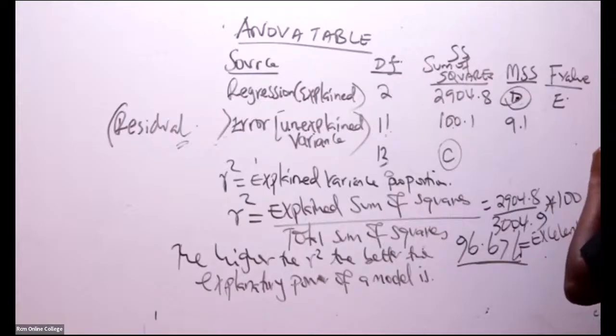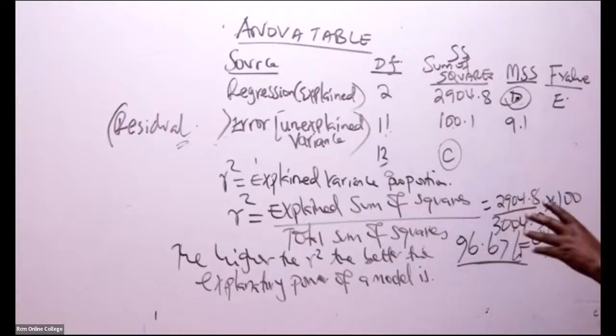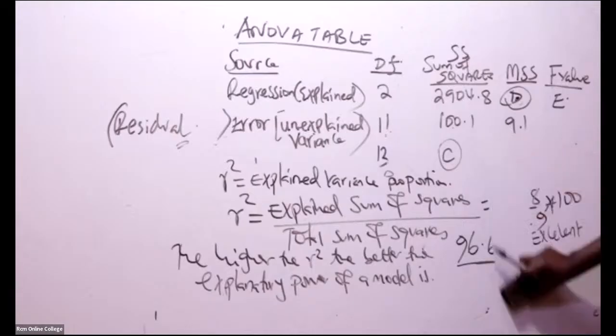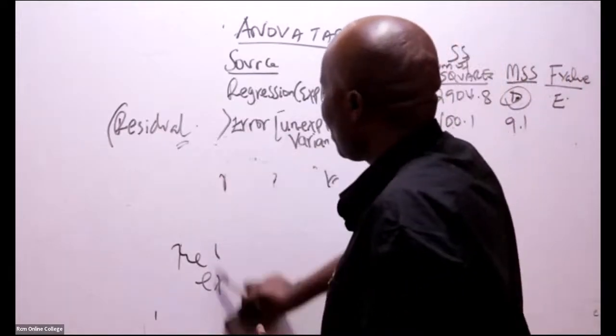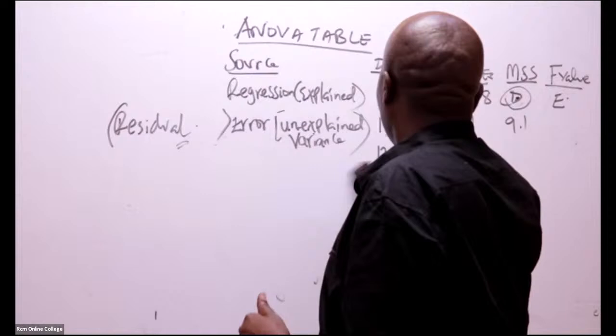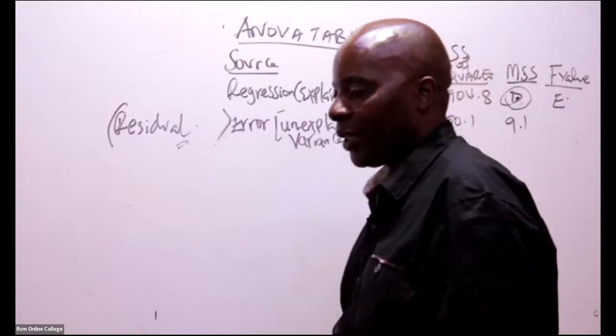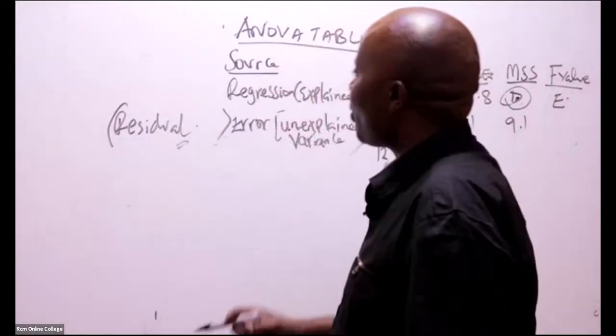F value. So now, with your permission, I should go backward a little bit and explain how that 2 was gotten. How do we get these 2?